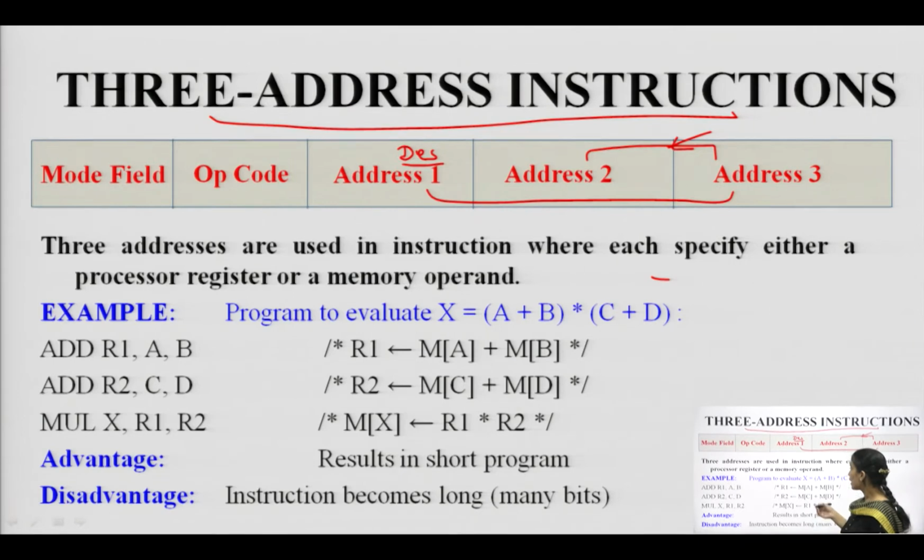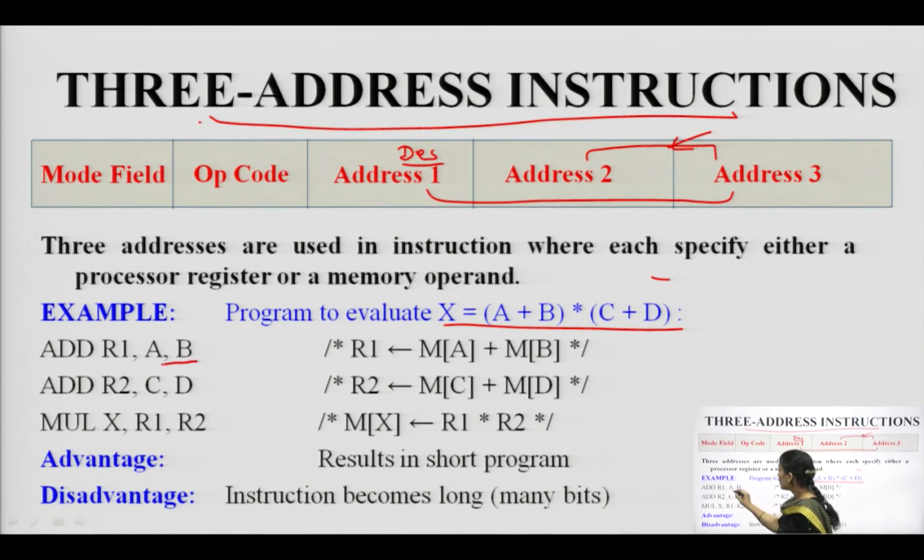The example I am taking: suppose I have to evaluate an arithmetic expression, A plus B cross C plus D. As we are learning the 3 address instruction, I will be using 3 addresses.